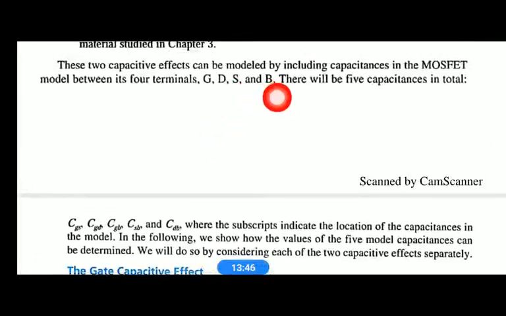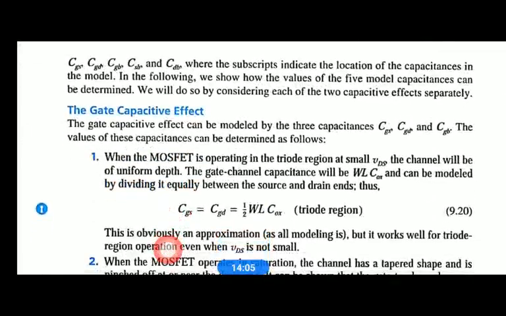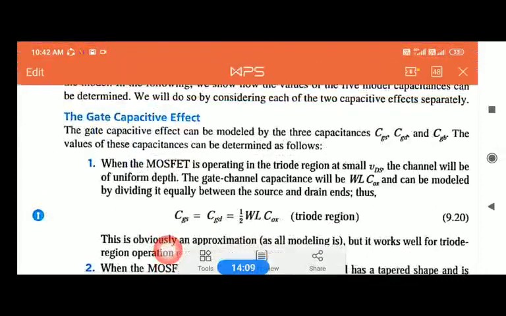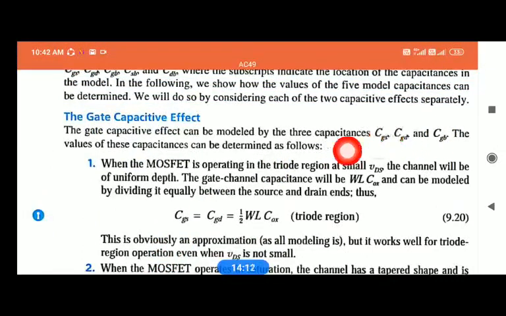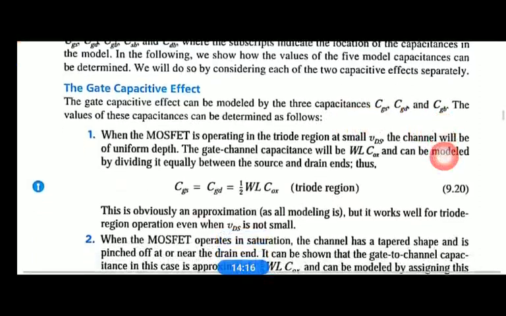Gate, drain, source and body give you 5 capacitances: CGS, the capacitance between gate and source; CGD, between gate and drain; CGB, between gate and body; the capacitance between source and body; and the capacitance between drain and body. First we will see the gate capacitive effect. This gives you 3 capacitances: CGS, CGD and CGB.